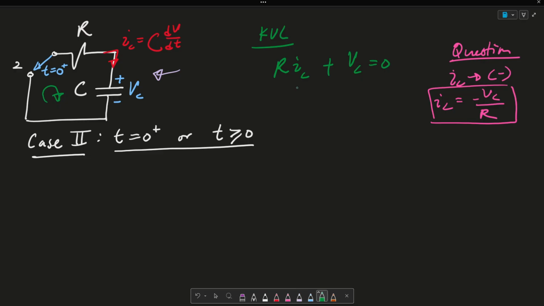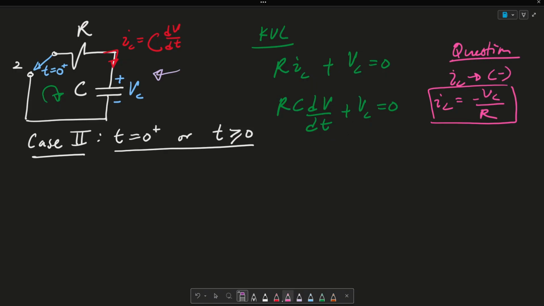IC is C dV over dt, so this is R times C dV over dt plus VC equals 0. If you're wondering where we got this equation, I also made a capacitor video. I will post the link in the description below and in the top right-hand corner of this video, so please check it out to understand why IC is equal to C dV over dt.